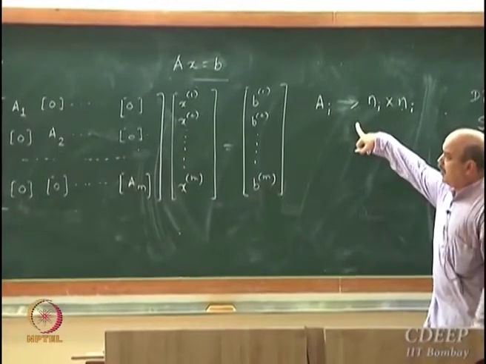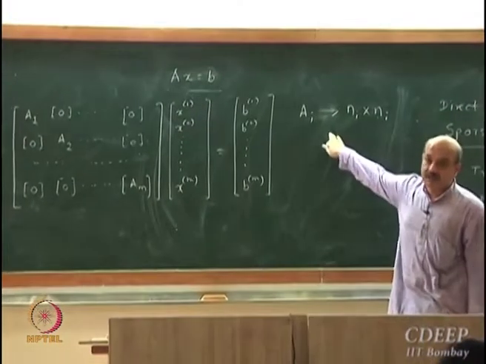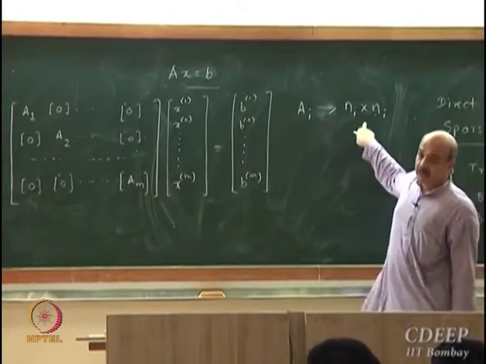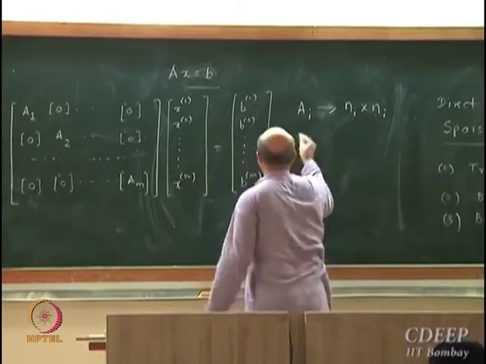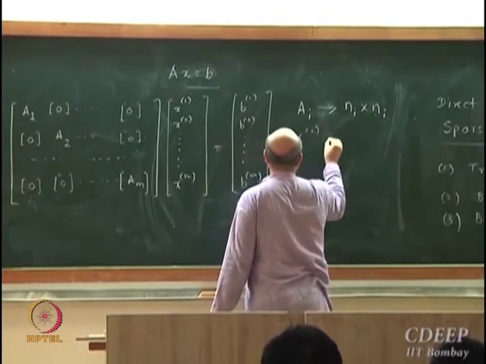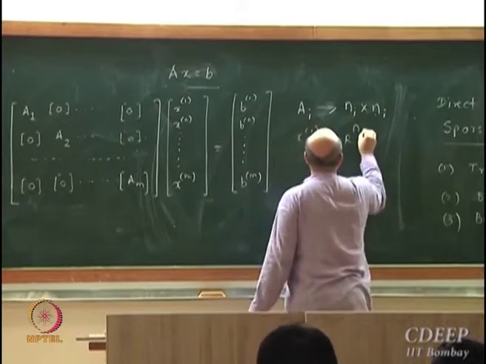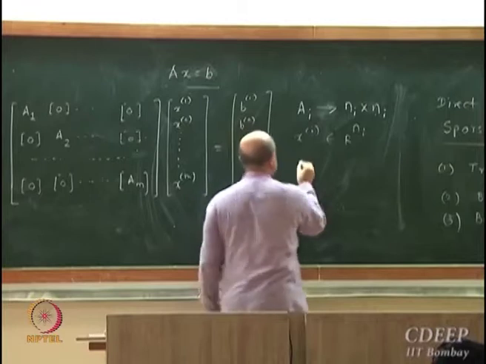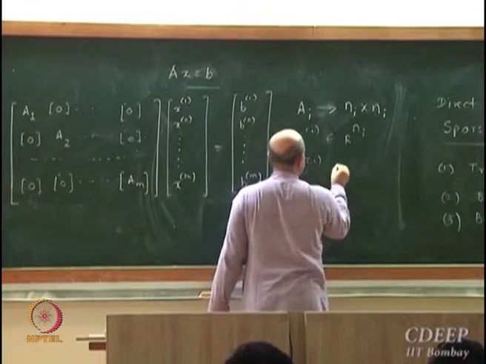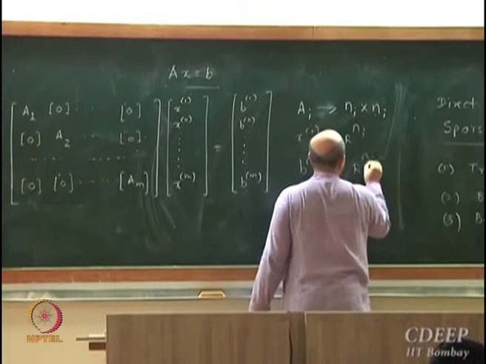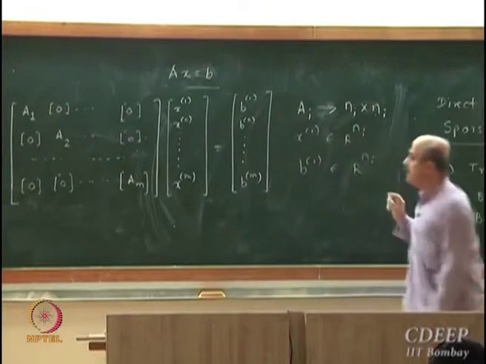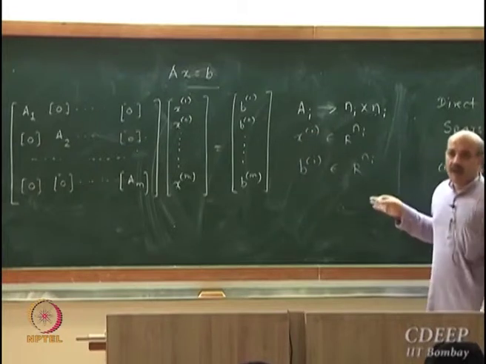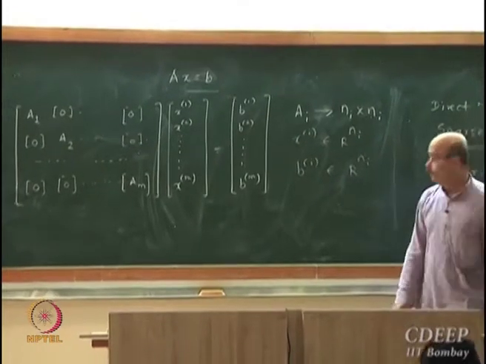Okay, but there are some applications where you get this nice banded structure, and then each one of them is an Ni cross Ni matrix. This vector xi belongs to R^Ni, so it is an Ni dimensional vector. Okay, and the same is true about vector bi, which belongs to R^Ni. So these are subsystems, which are arranged in a diagonal form.